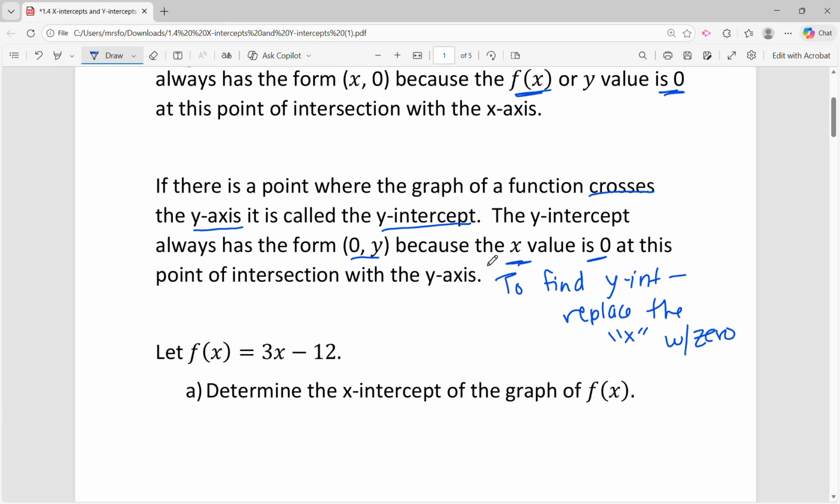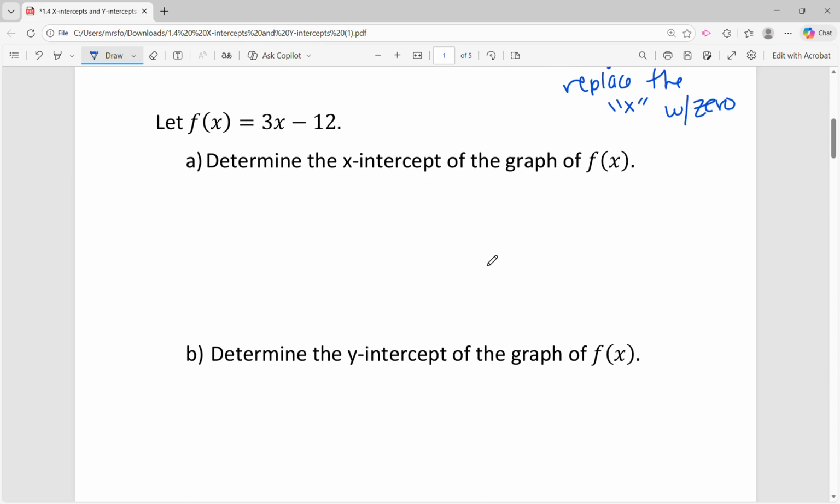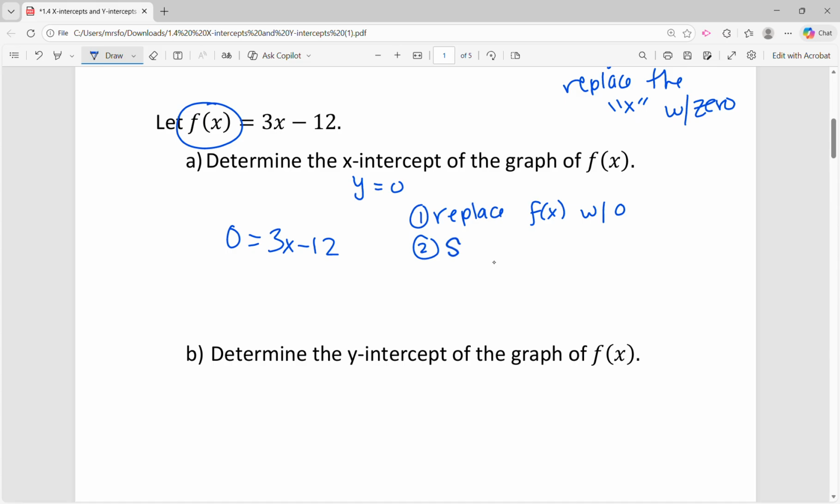So let's look. For this first one, it says determine the x-intercept. So to find the x-intercept, we say that y equals 0. So f of x is 0. So first, replace f of x with 0, and then solve for x.